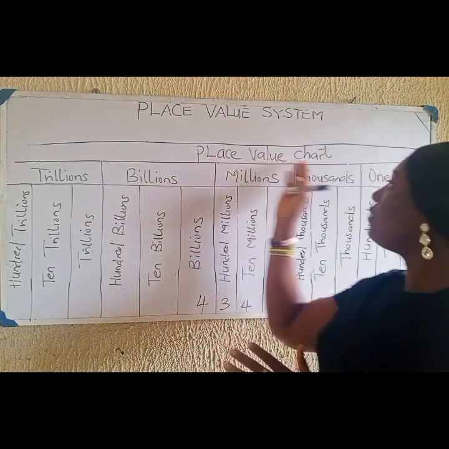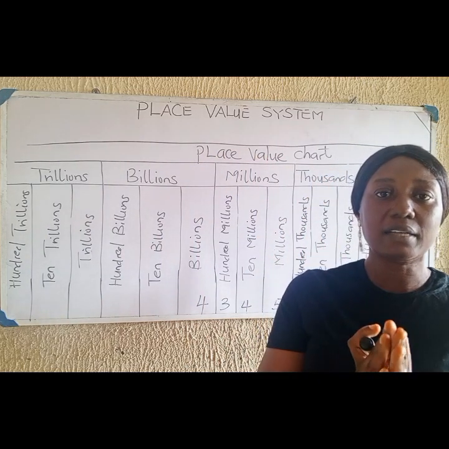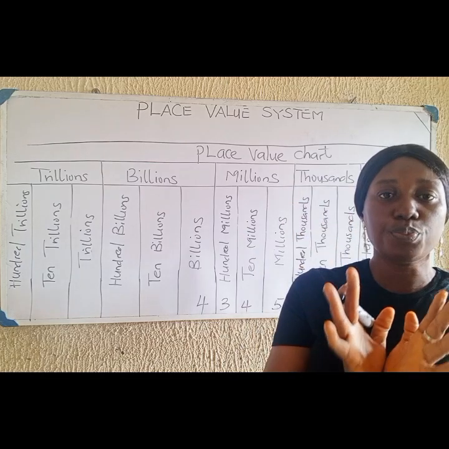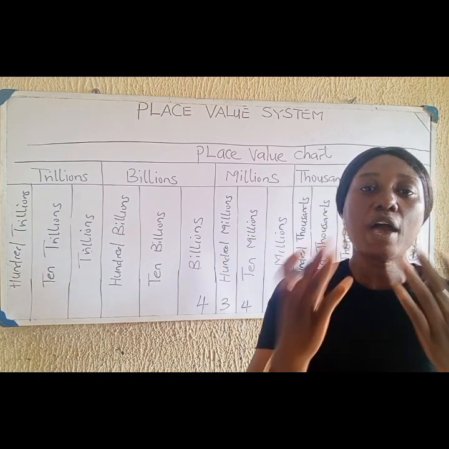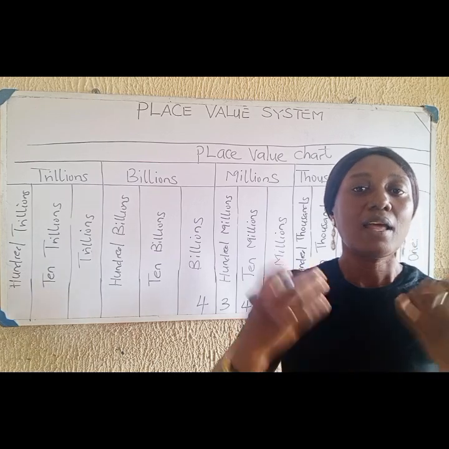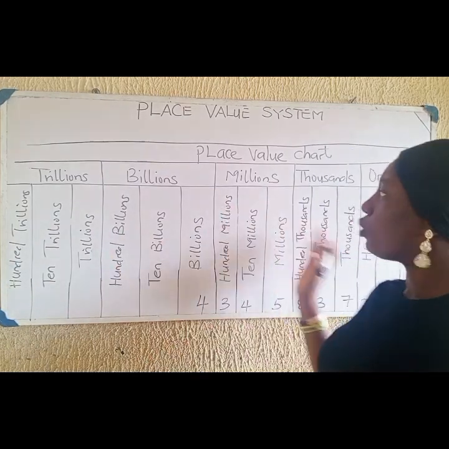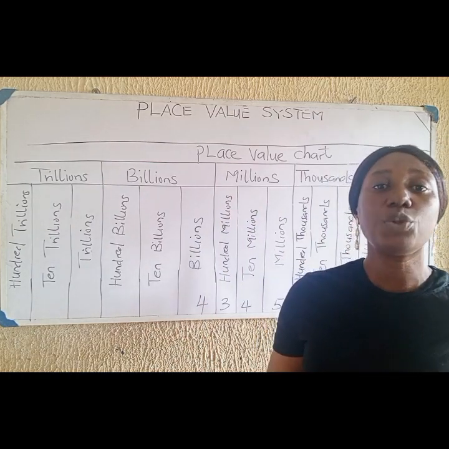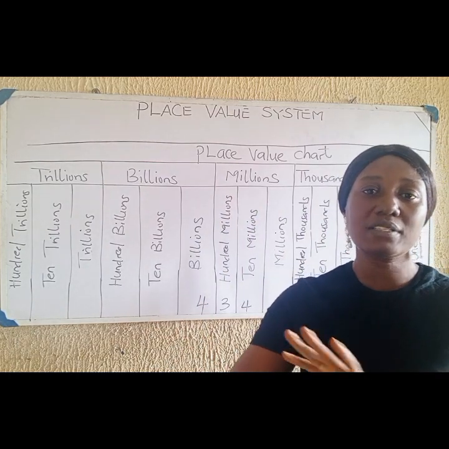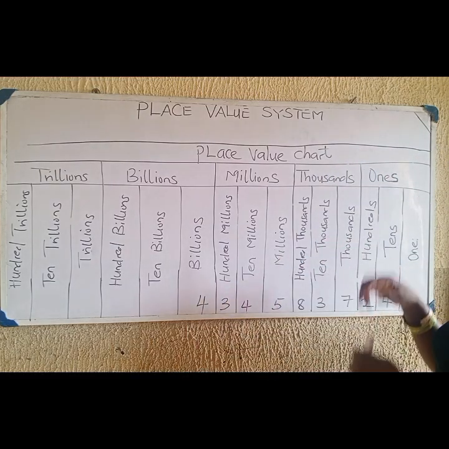So this place value chart will help us to understand how to put place value in a number. And it will also help us when writing large numbers in words. If you're able to understand this place value chart, you can write any large number very what? Easy.